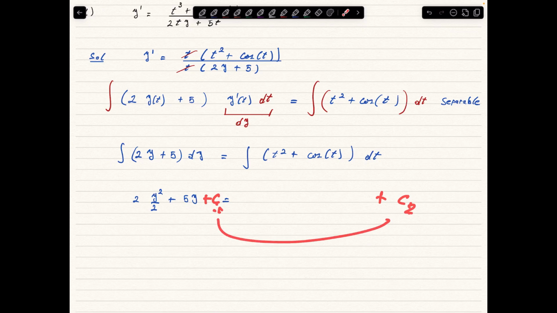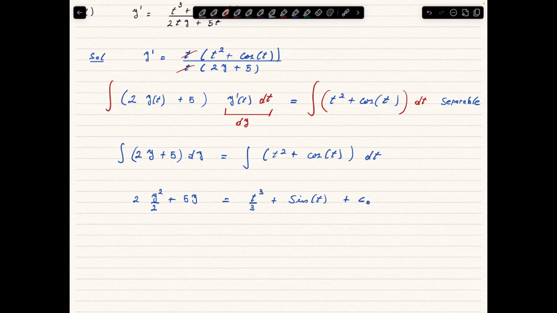So I'm going to put these two constants together. And then here is t cubed over 3. Now we need to integrate the cosine, and which function has the cosine as its derivative? Well, that function is the sine of t. And then the integration constants together, let's call it c0 there.